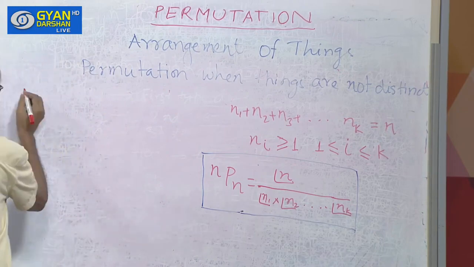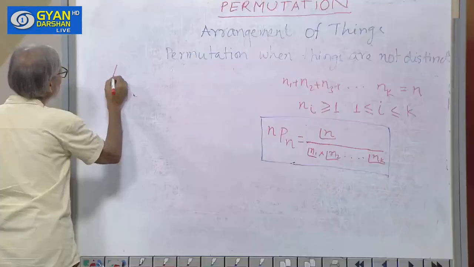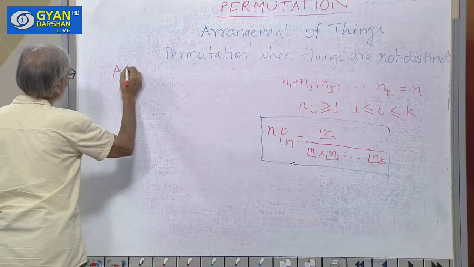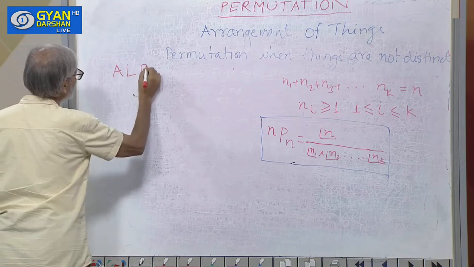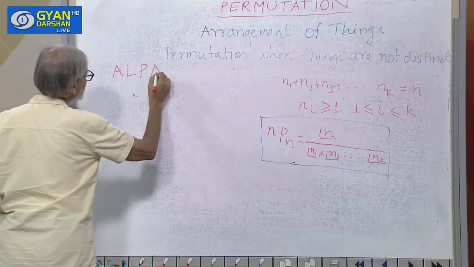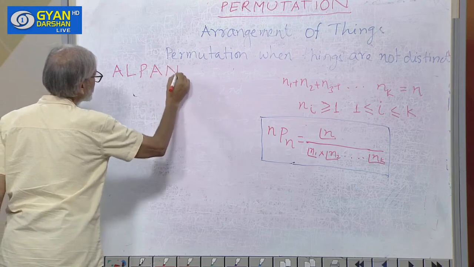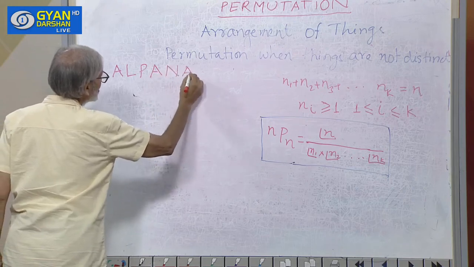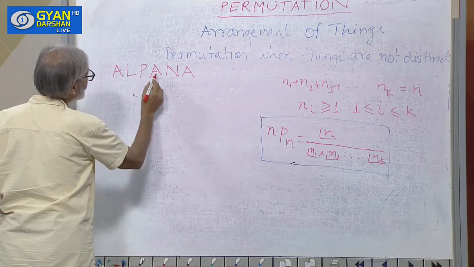Suppose this word is there, Alpana. Six letter word, 1, 2, 3, 4, 5, 6.